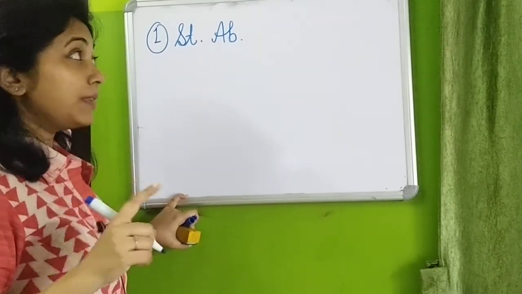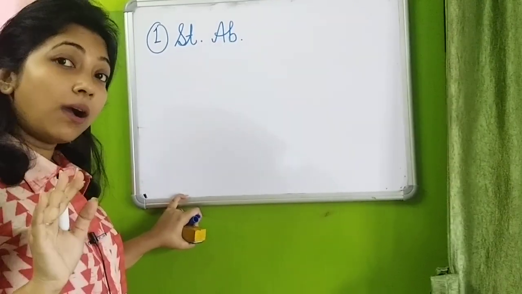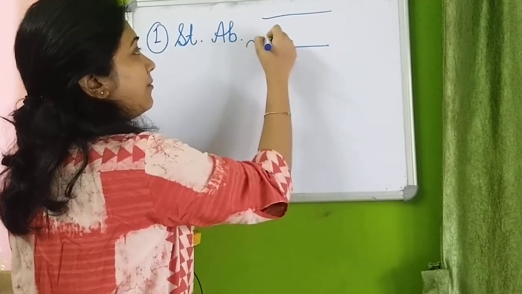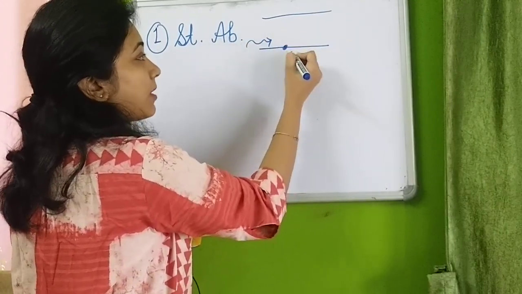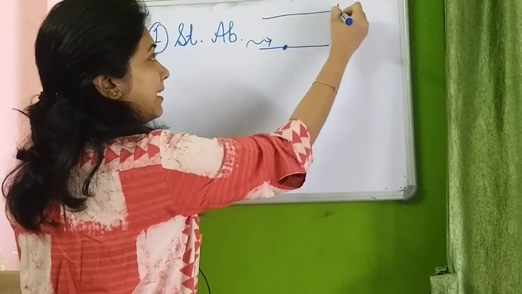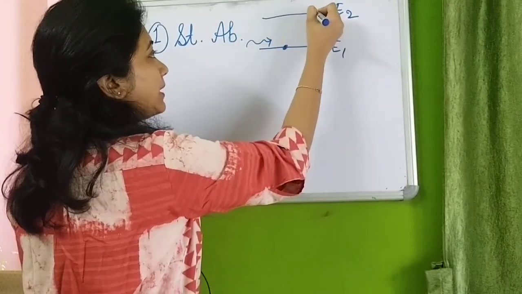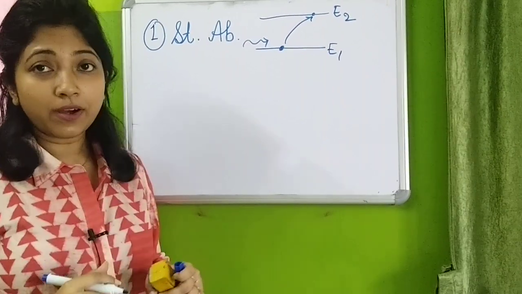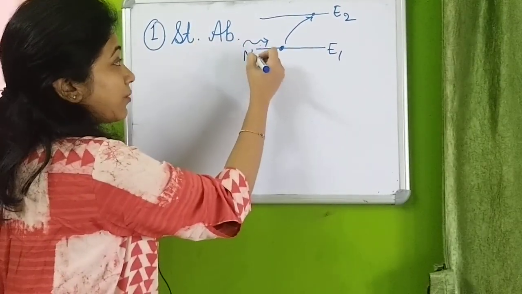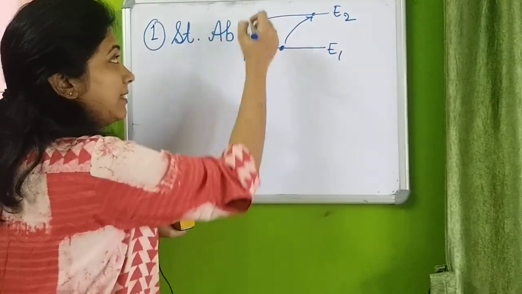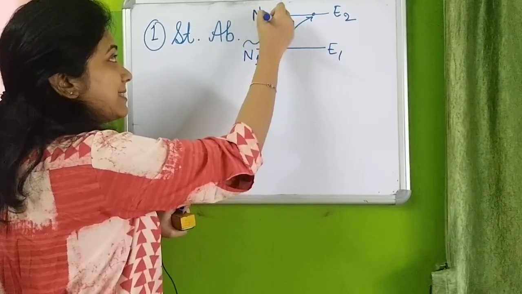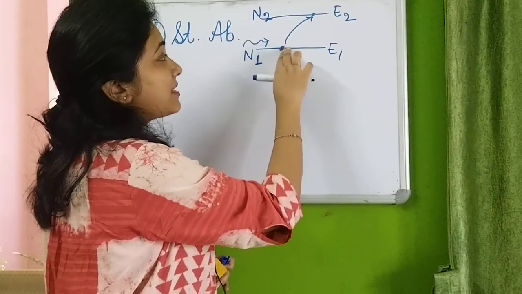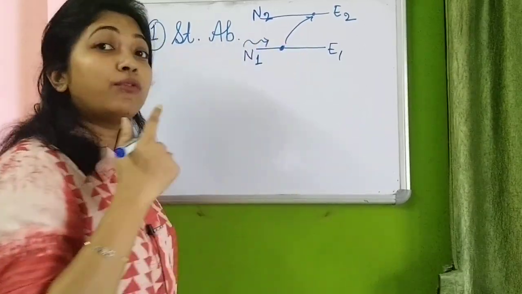Fine. Now, by this time you all know what happens in stimulated absorption. A triggering photon is given to the electron at the ground level, E1, and then it goes to E2 by absorbing this energy. The number of electrons in E1 is N1 and that in E2 is N2. Now, for simplicity, we have considered this to occur with only one electron.